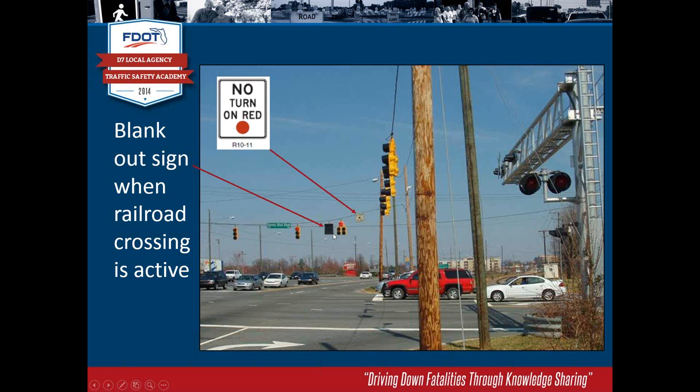The no right turn symbol comes on when the railroad crossing is active. So when the crossing is closed, the gates are down, this blank out sign is on saying there's no right turns allowed at all, because they don't want to overstack the very short amount of capacity on this cross street here due to the railroad activities.